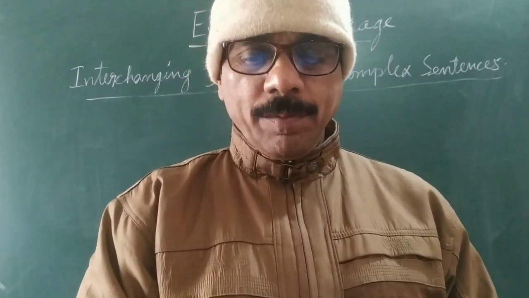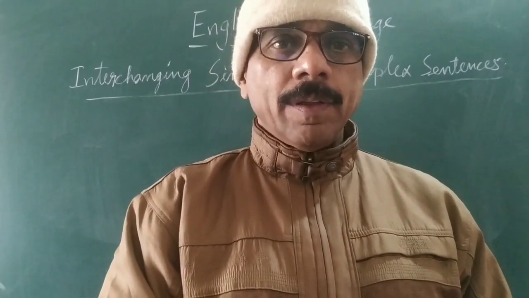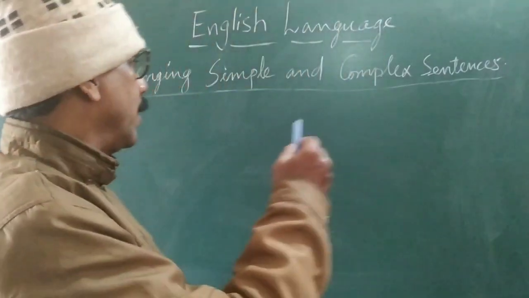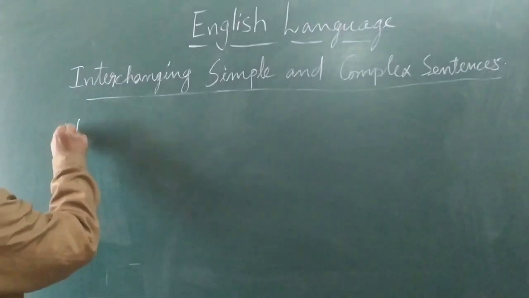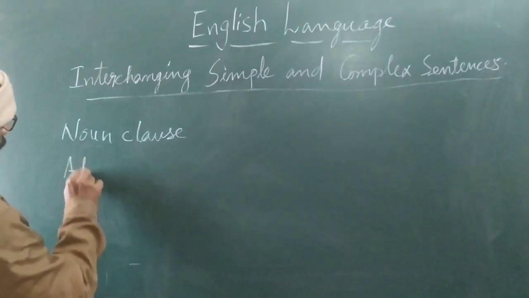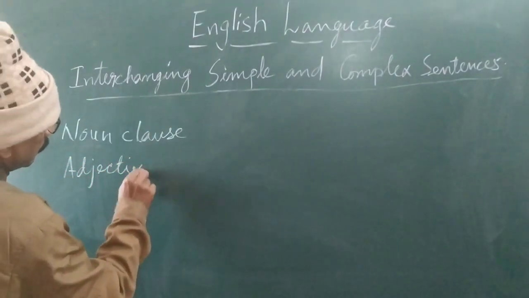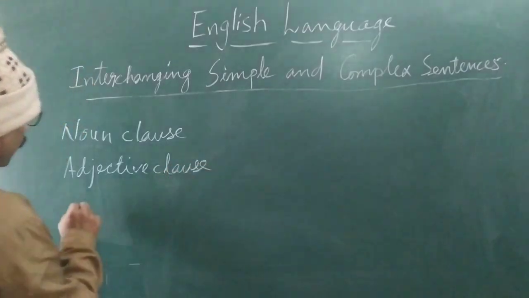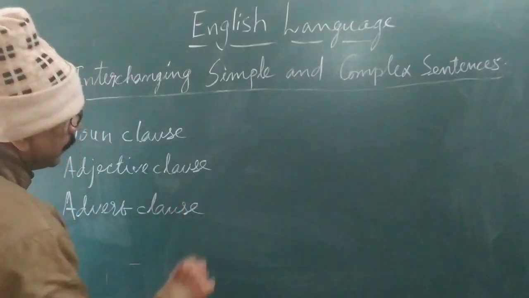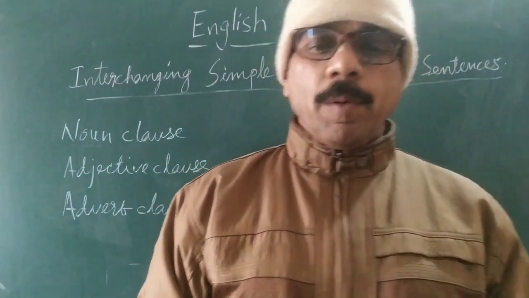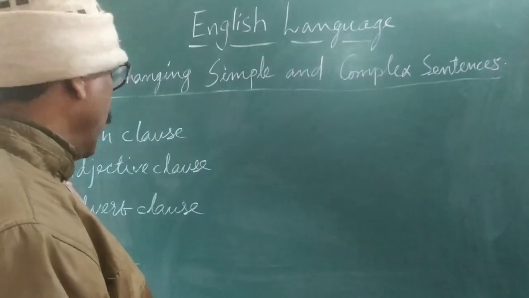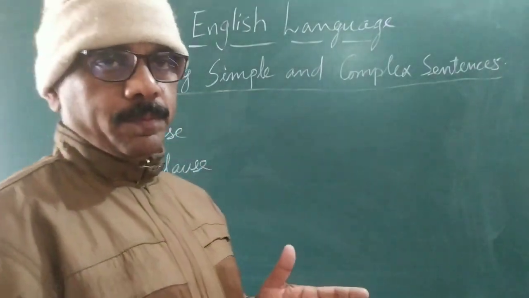While doing interchanging, we have to keep in mind the different kinds of clauses: noun clause, adjective clause, adverb clause. So these three things we have to keep in mind. Noun clause, adjective clause and adverb clause.